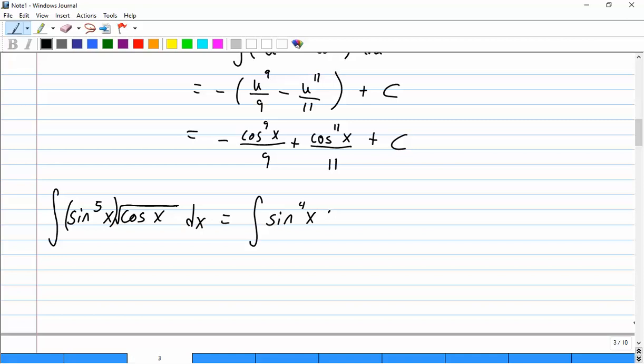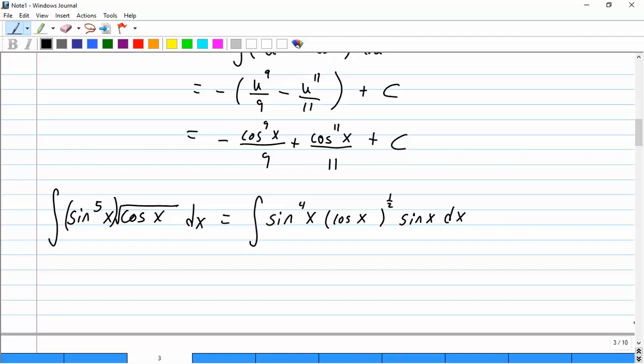Now, what can I say that's cosine to what power? Cosine of x to the 1/2 power. Now, whether I write the 1/2 on the outside or I write it between the cosine and the x, that means the same thing. And then I've brought out, remember we bring out this magical term, all of this works because we're bringing out a sine of x to the 1st power. And it's eventually going to be the du.